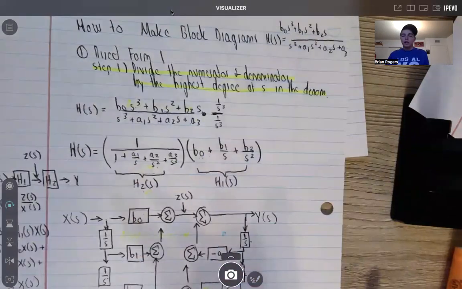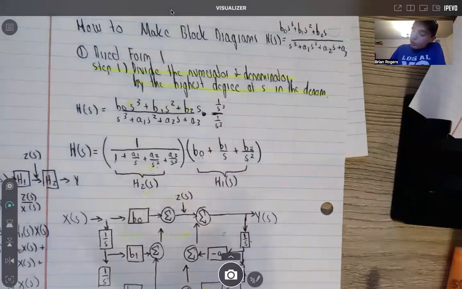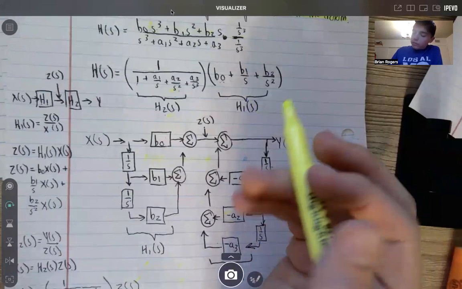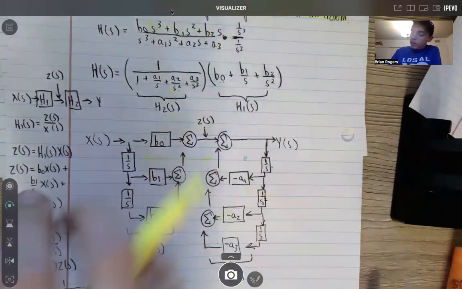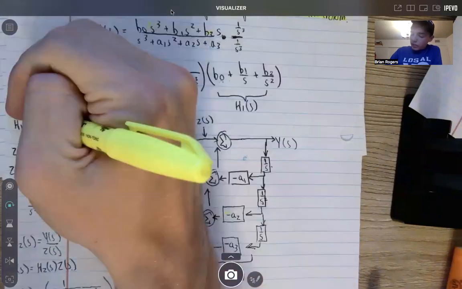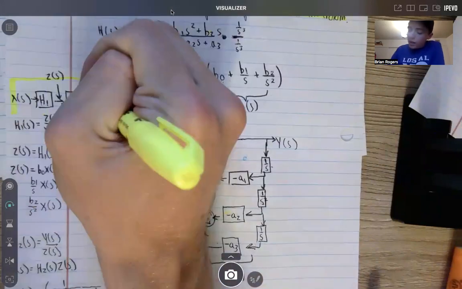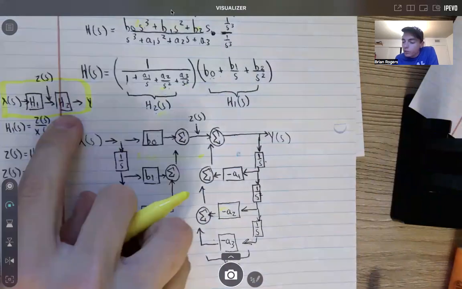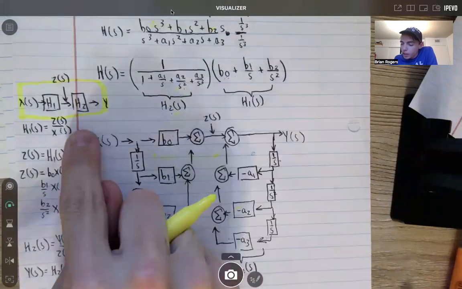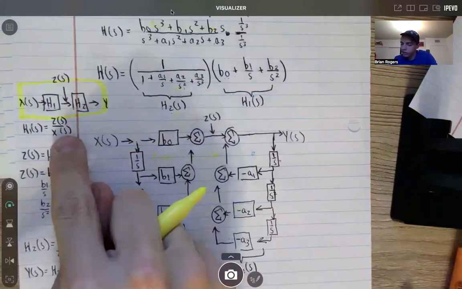And now that we got that, you can form your H1 of s using this little format here. We notice that they're multiplied by one another, so we can write it in cascade. That's the big thing to take away: you can write a cascade diagram for these. Once you write them in cascade with one another, define a middle point as Z of s.